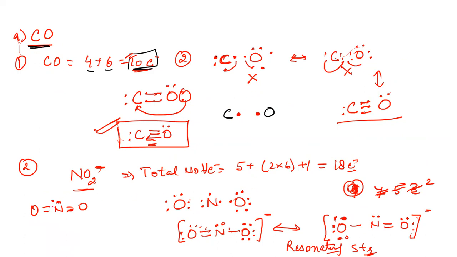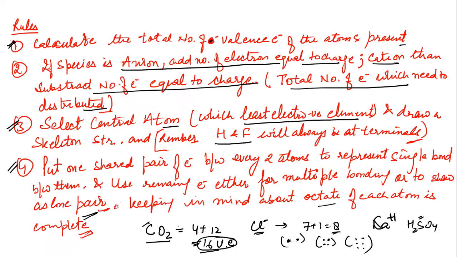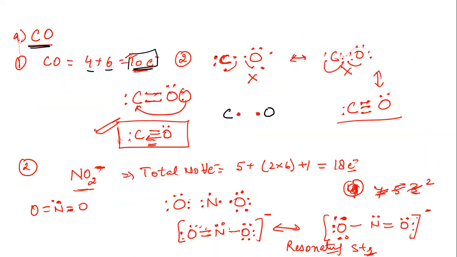So the next step was to select the central element. Now put one shared pair of electrons between every two atoms to represent a single bond. Now use the remaining either for the multiple bond or to show the lone pair or valency. We put C as the center. Putting electrons around: 1, 2, 3, 4, 5, 6, 7, 8.